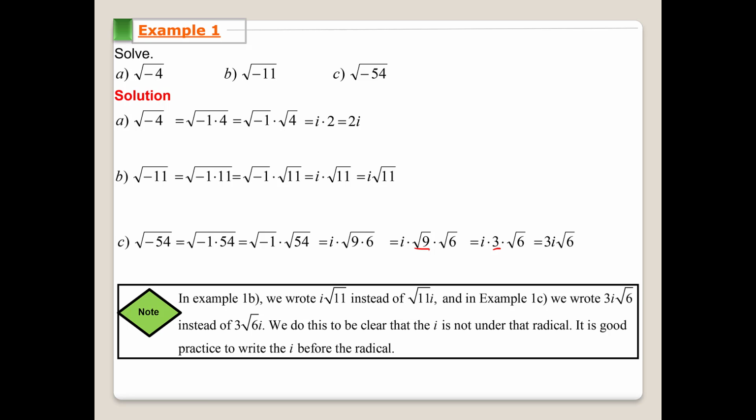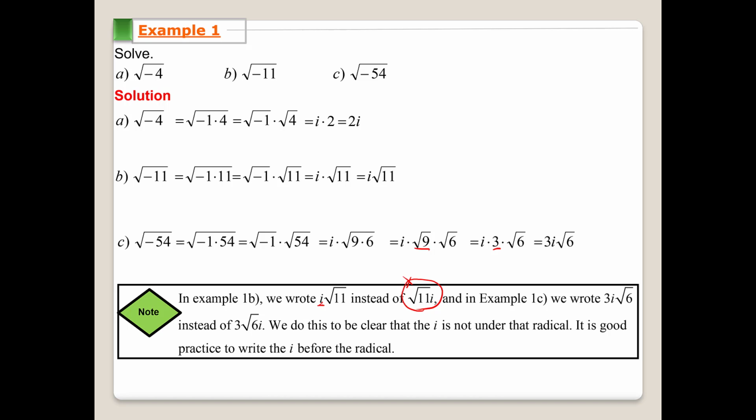So it's talking about here as far as how we wrote it. Again, you want to write the i in front of the square root, so that it didn't get confused as being underneath the square root as here. You don't want to do that. That's a no-go because that can get confusing.